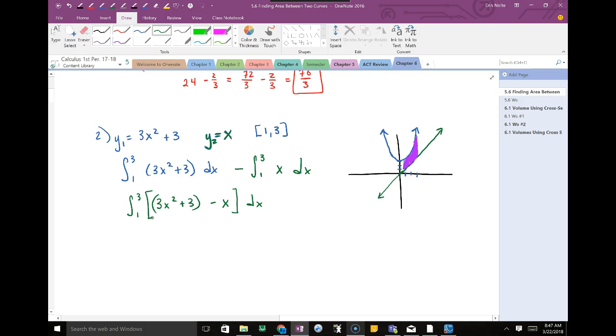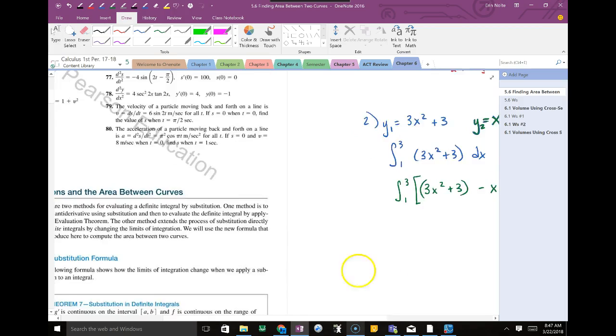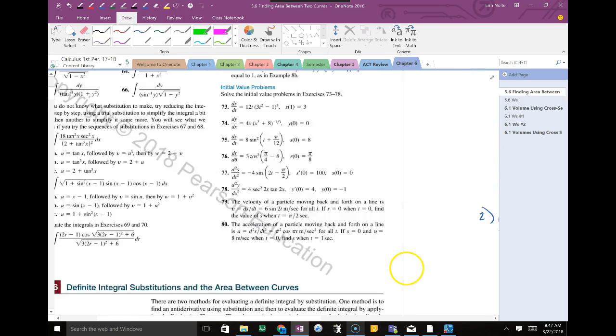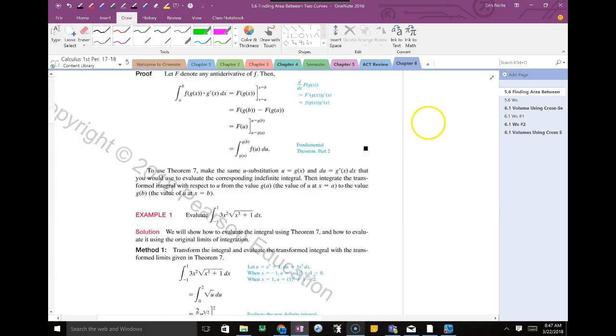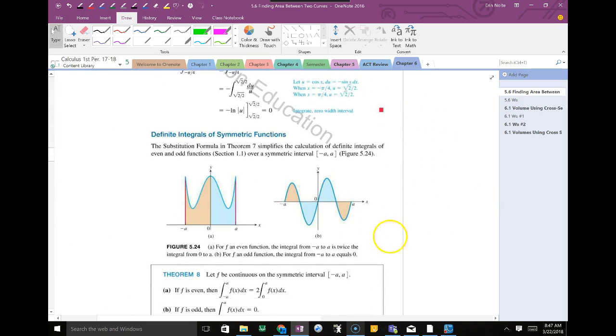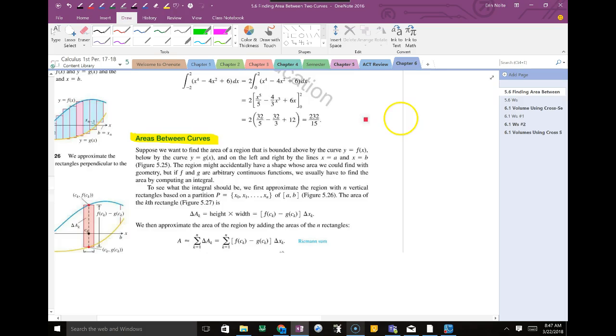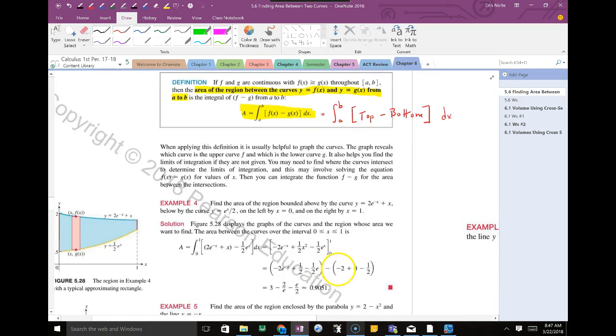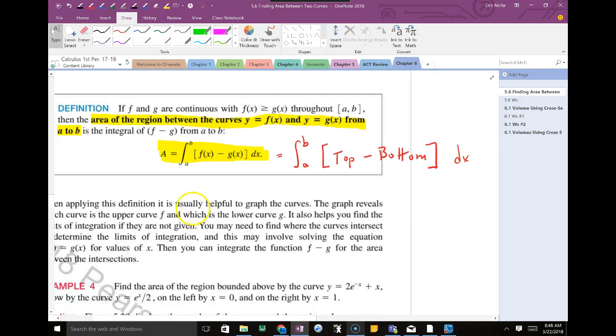Okay, so what I would write down in your notes, I'm going to slide off this really quick for a second. There's a little blurb in here about how to find the area between two curves. This is what I would write down.